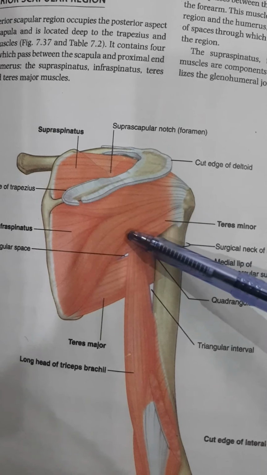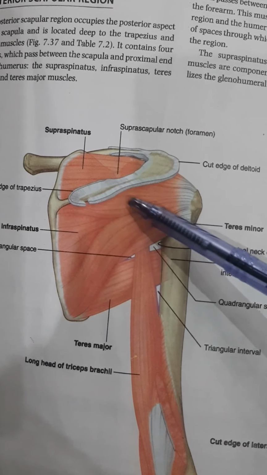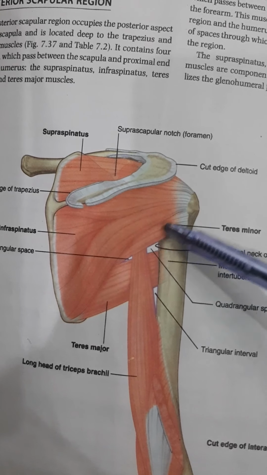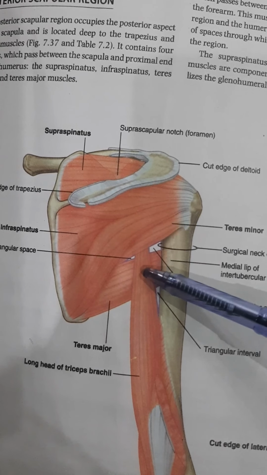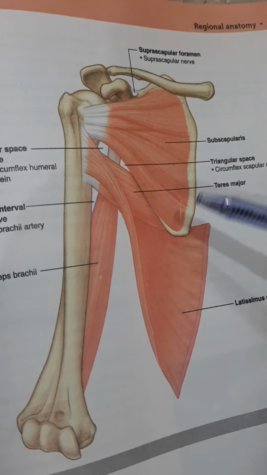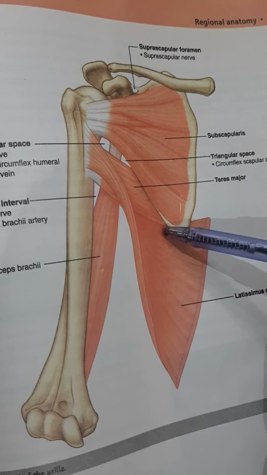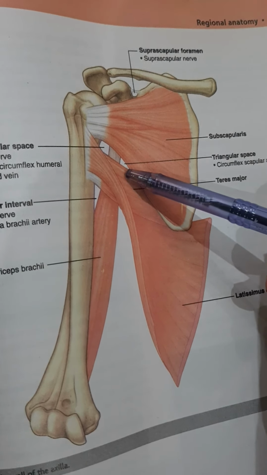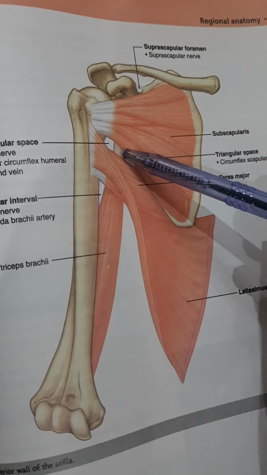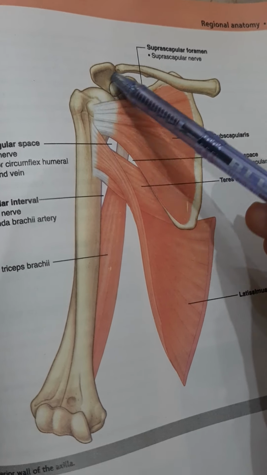So supraspinatus initiates abduction, infraspinatus and teres minor cause lateral rotation, and teres major causes the medial rotation. Subscapularis along with the teres major muscle causes the medial rotation of the arm at the glenohumeral joint.